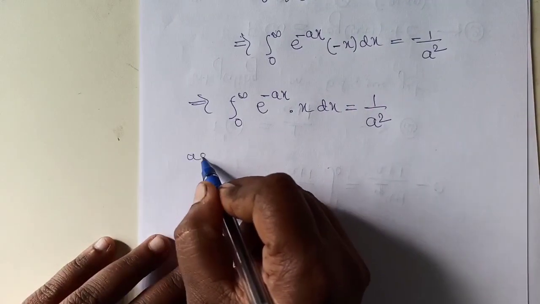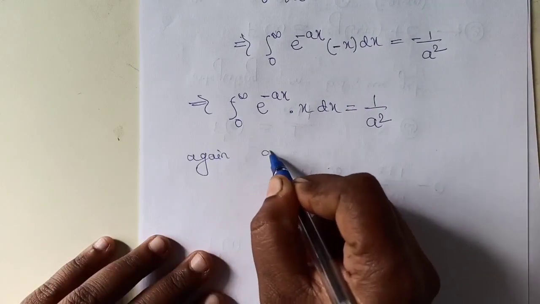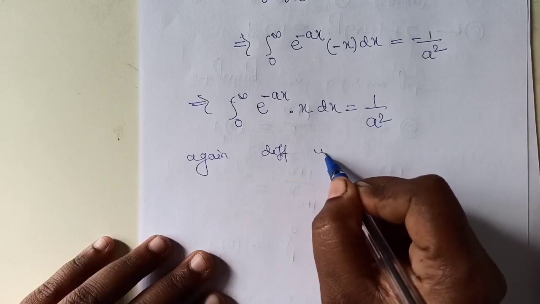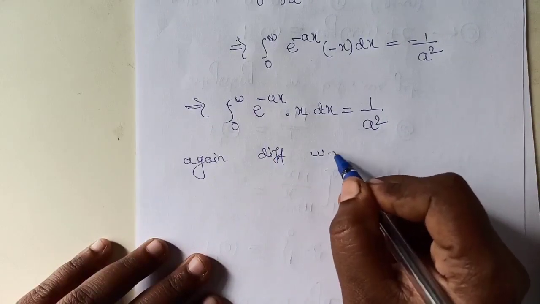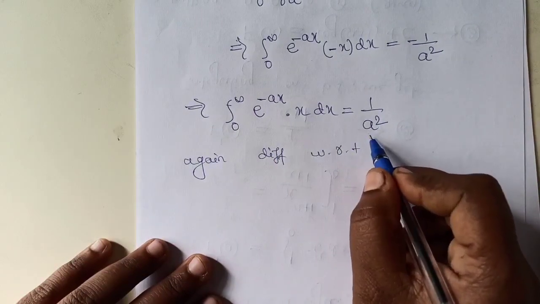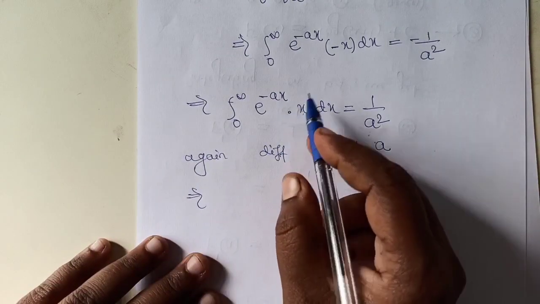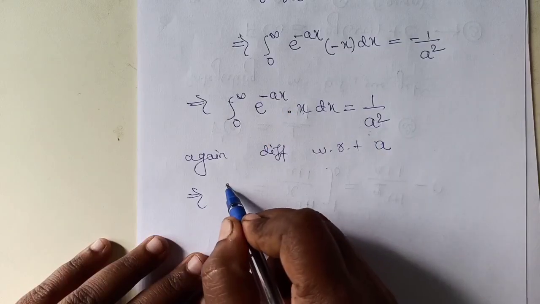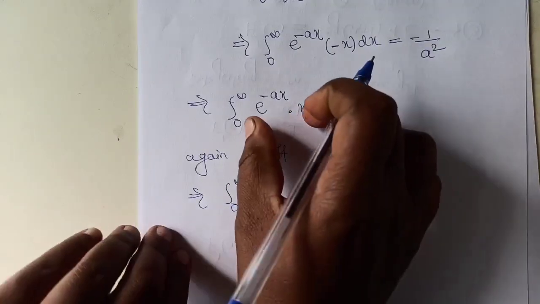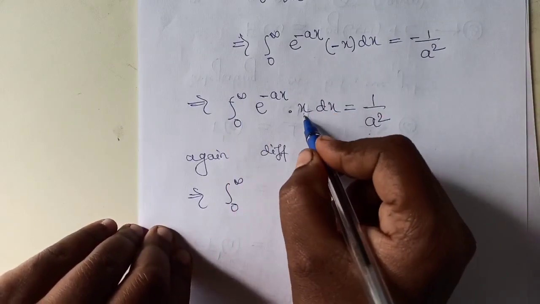Again differentiating with respect to a only, in the place of x we get x square. So here 0 to infinity, partially differentiating this one, x becomes constant.